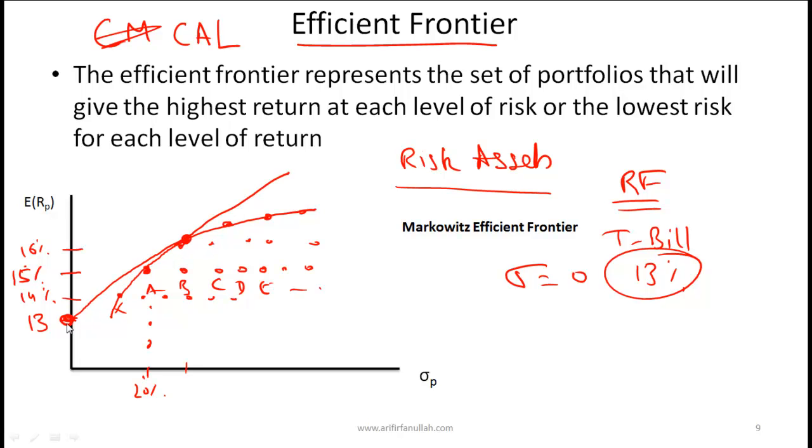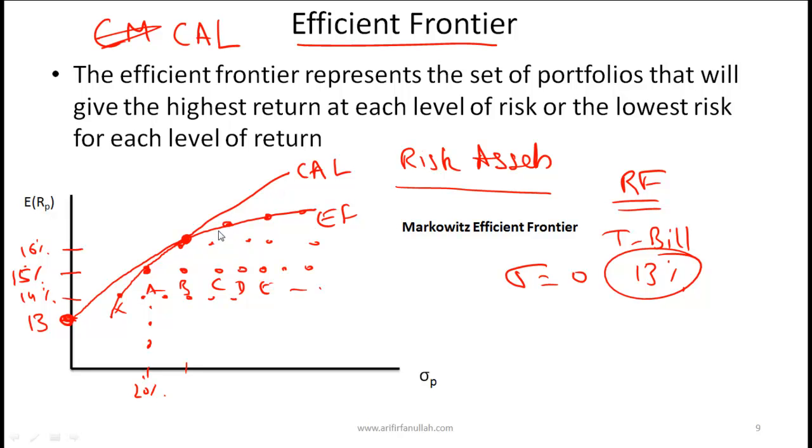The line that starts from here and just touches the efficient frontier as a tangent is called the capital allocation line. So the capital allocation line in a sense becomes your new efficient frontier.